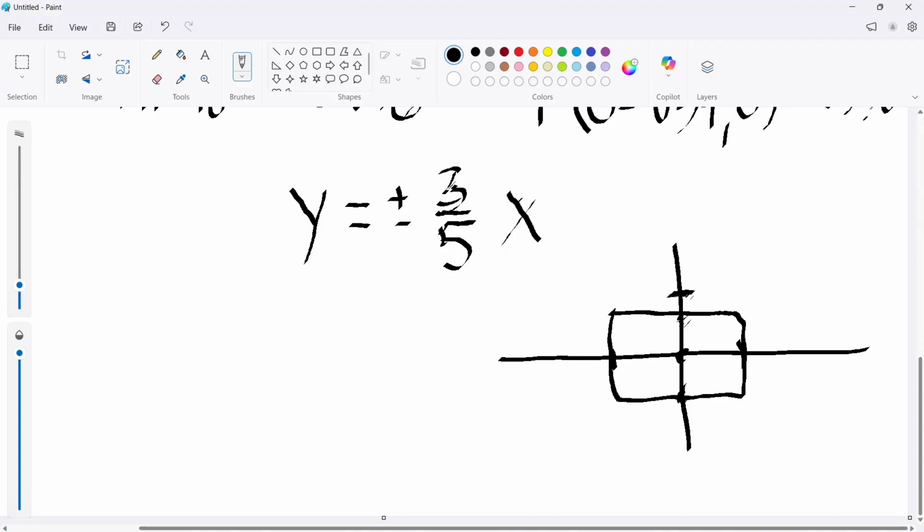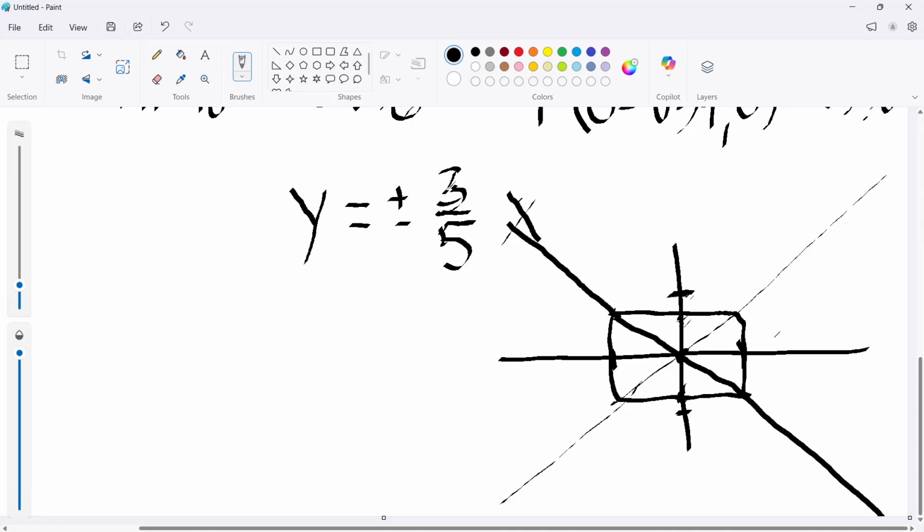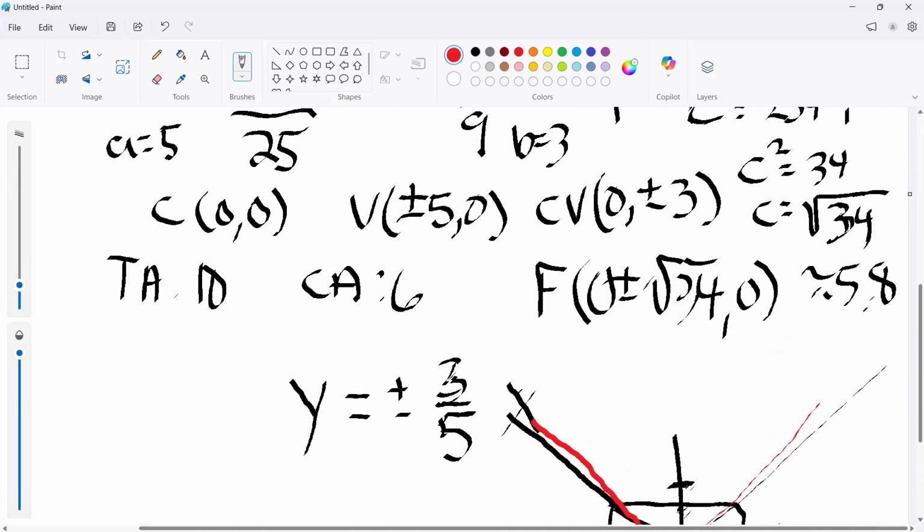Somewhere around here and somewhere around here are the foci. And then I'll draw my asymptotes. Like that. And now I'll draw my actual graph in red. It's not supposed to touch those, but look, I'm not an artist. So there's the actual hyperbola. And that's it.